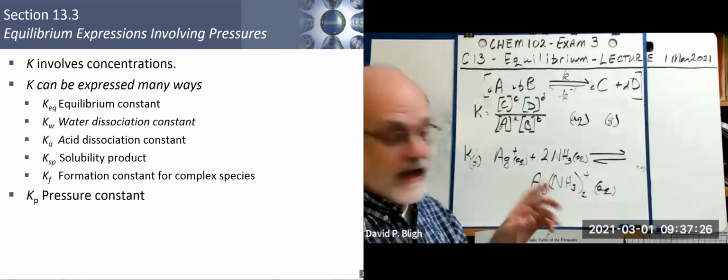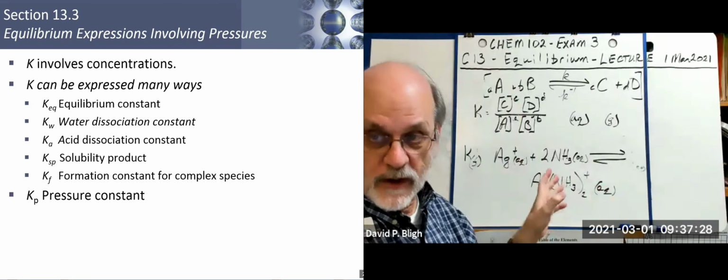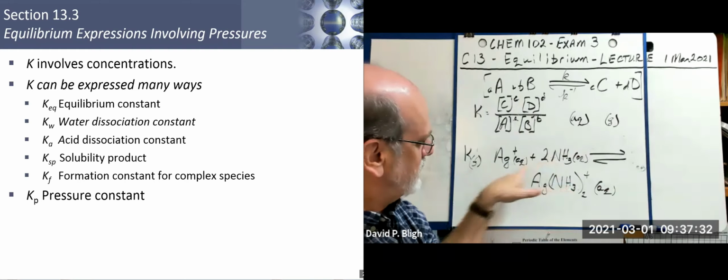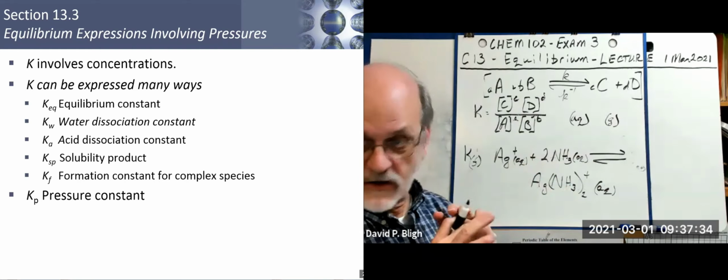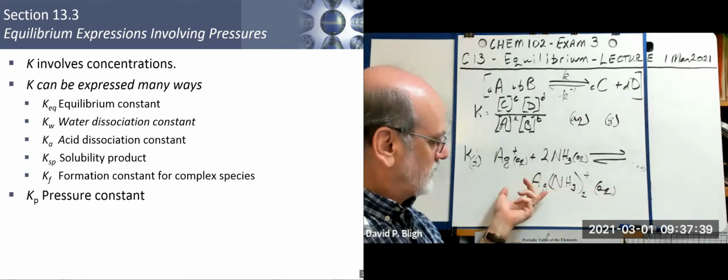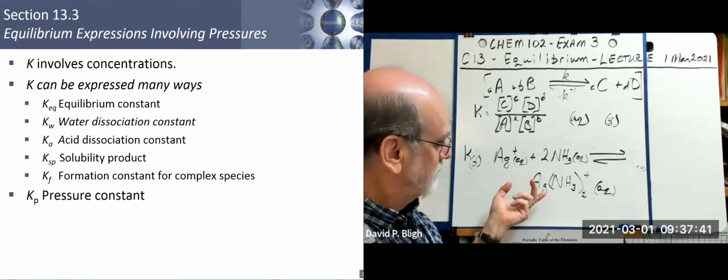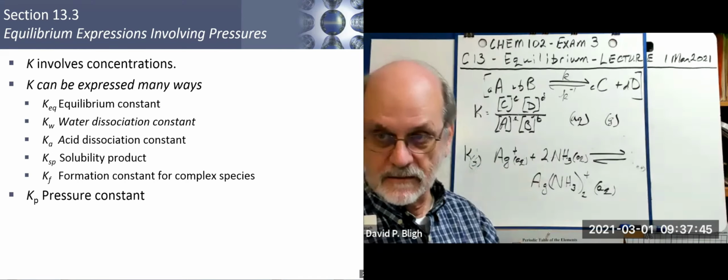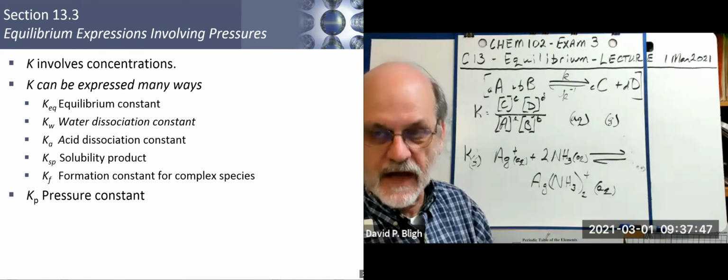Okay? And you can write an equilibrium expression for that. Here's your product. There's your reactant. There's a reactant. You just write it just like Wade and Goldberg did. There's no difference. And it will generate a K value, K sub f.